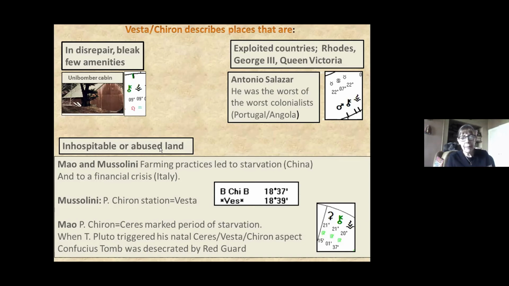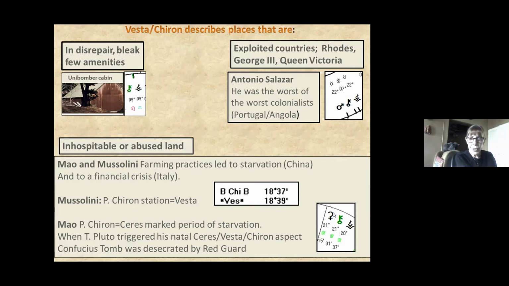In Mao's chart, the farming practices led to starvation. In Mussolini's chart, it led to a financial crisis. But in both instances, they were abusing the land. The land was not really created to extract what they were trying to get out of it by farming.